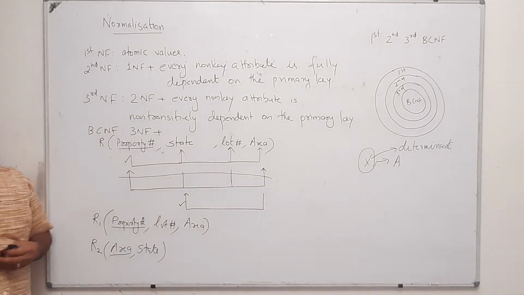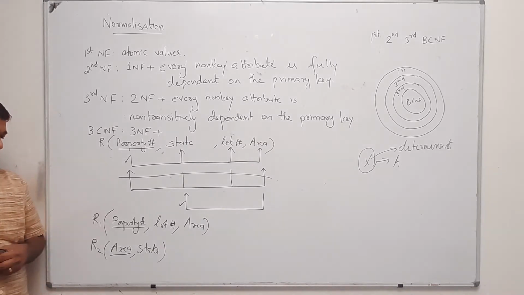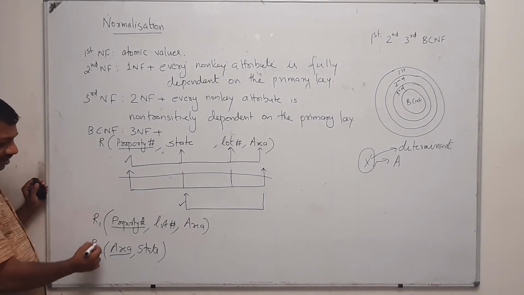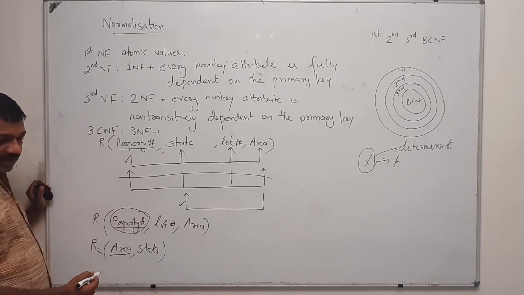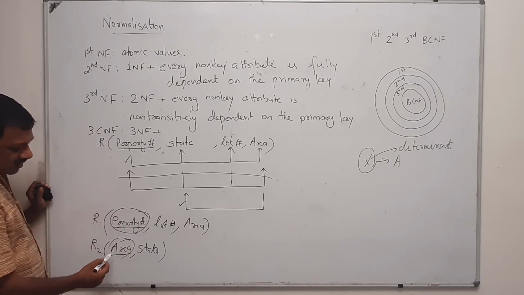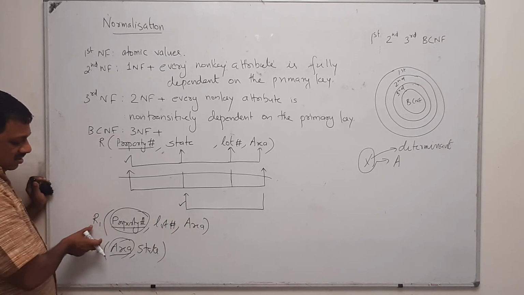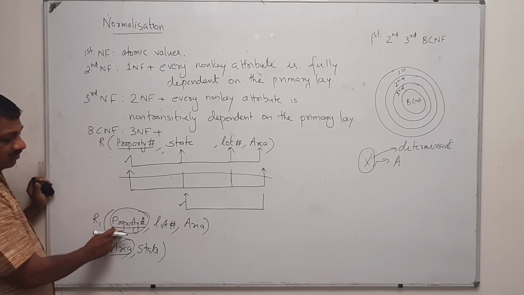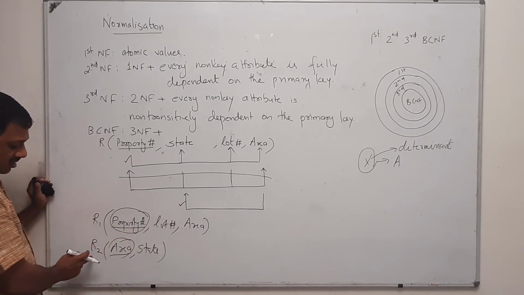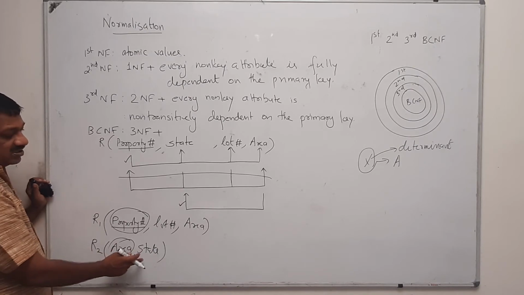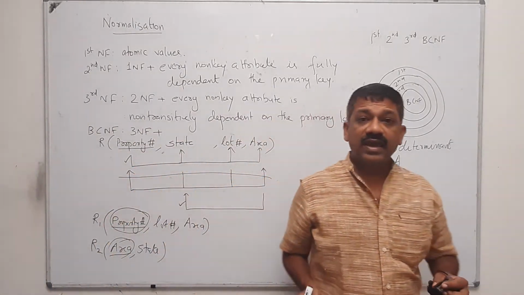So it is not a dependency preserving decomposition, but after doing this, property number is the primary key here and area is the primary key here. Now what are the dependencies? Property number determines load number, property number determines area. What about R2? Area determines state. So here every determinant is a candidate key.